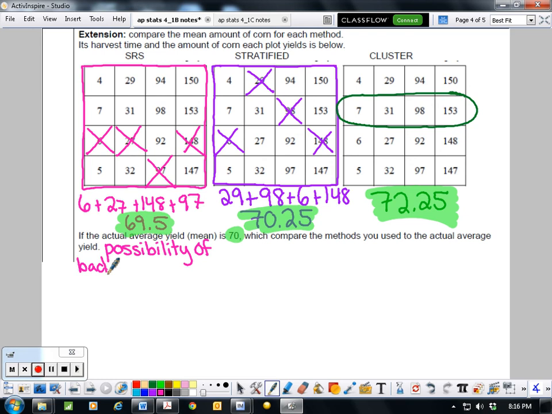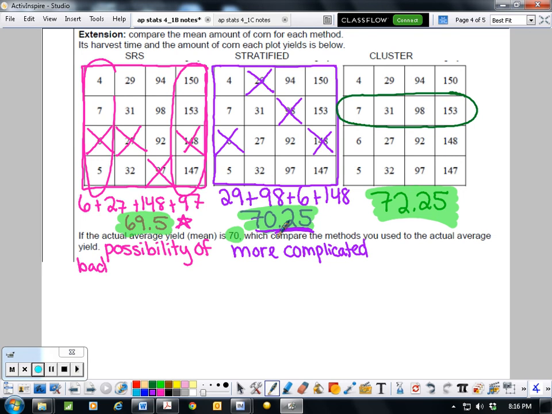We have a possibility that we could have never picked anything from these high yield ones, or we could never have picked anything from this one. We had a really good simple random sample, so our value was pretty accurate. Now this one is more complicated. There's more thought that has to come into this. But it had the most accurate results.